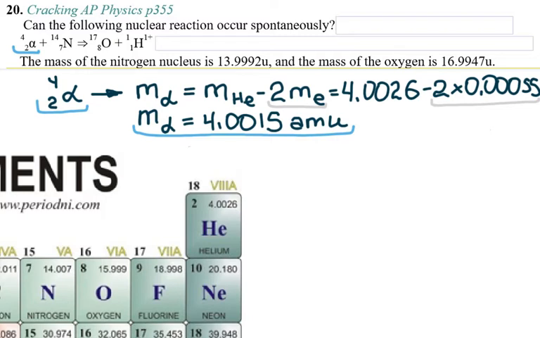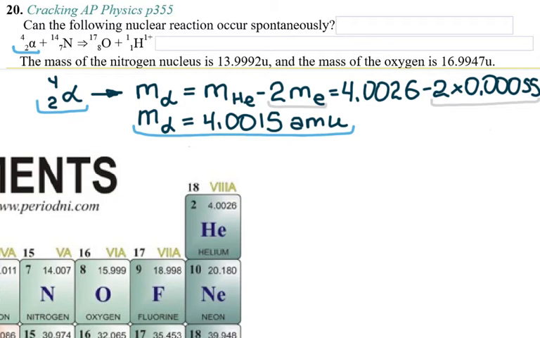I have the mass of the helium from the periodic table that you see me using here. So this is the mass of the helium atom minus the atomic mass of the electron, which is 0.000549.